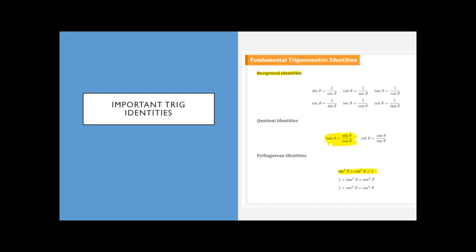And basically, if you solved it for cosine squared, that would be 1 minus sine squared theta. So we're going to take the Pythagorean identity, solve it for cosine squared, and now I'm going to replace cosine squared with 1 minus sine squared theta.